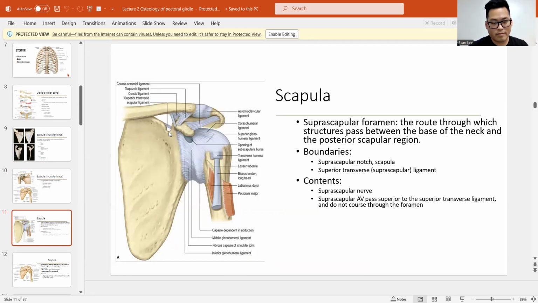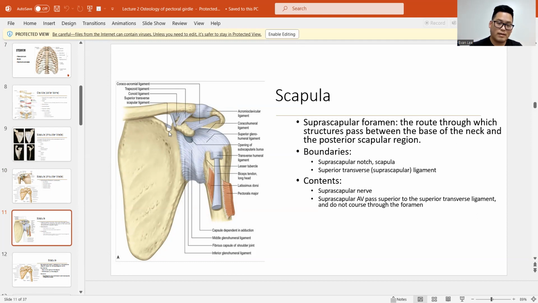Now, the suprascapular foramen is going to be a good landmark to look for because there are two small things that you're going to want to look for related to it. If you try to find that on the cadaver, there are two things that we're going to look for around it. One of them will go through, but one of them will go above.